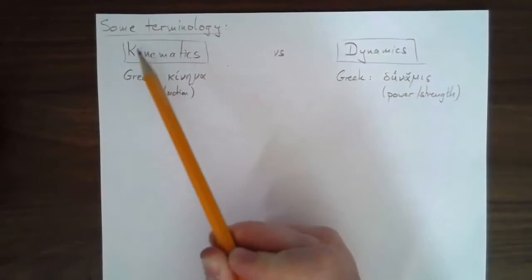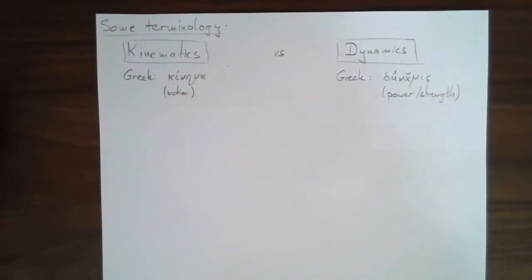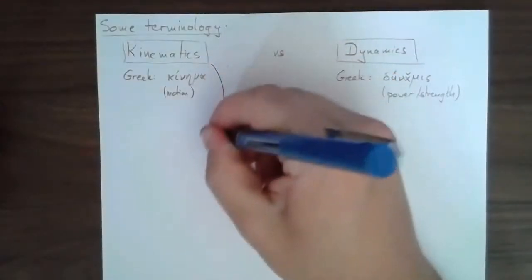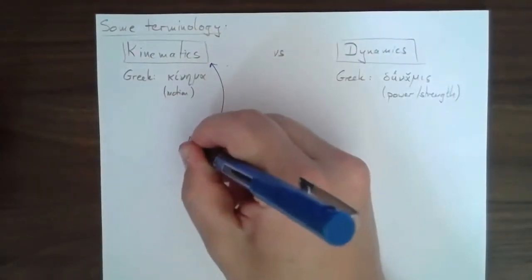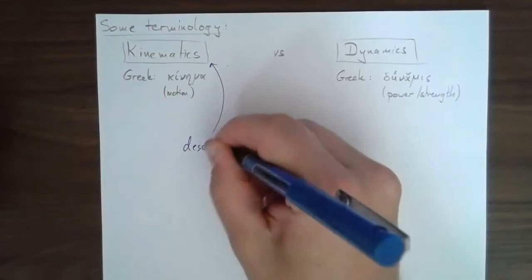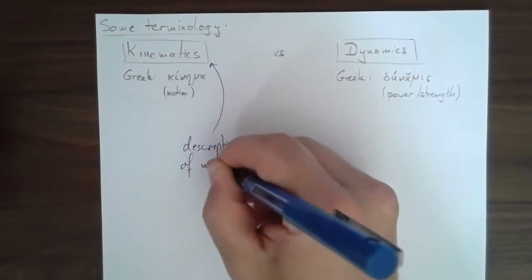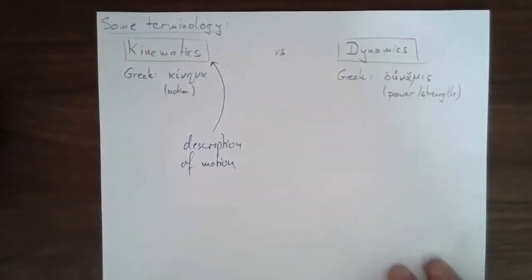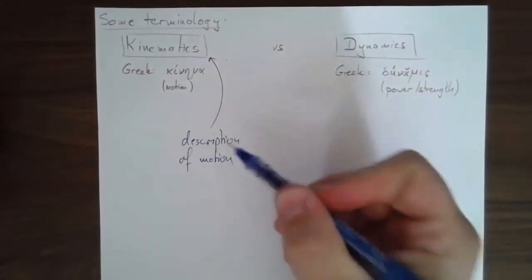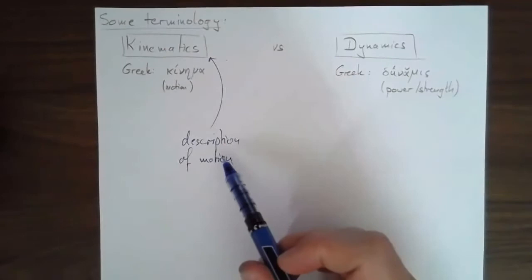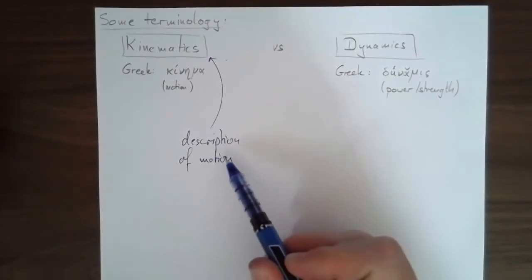Kinematics in physics is the term that we give to a description of motion. So this is what quantities we use to talk about things moving, to describe them accurately.